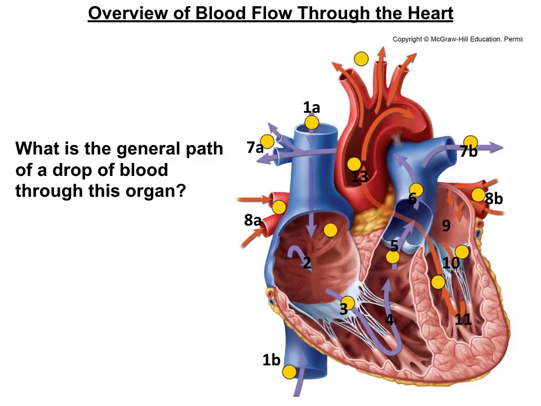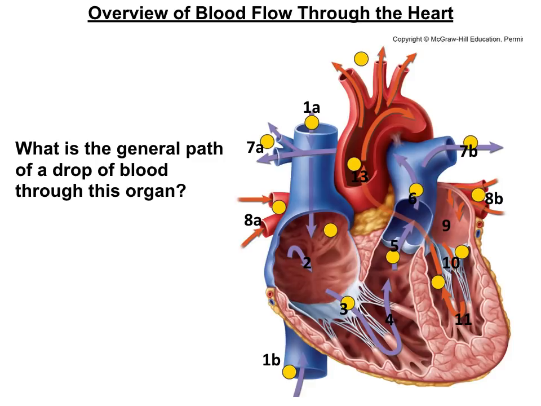If you are returning to the heart from a body region inferior to the diaphragm, you are returning to the heart through 1B, your inferior vena cava. Now, if the blood drop is coming from the myocardium of the heart, so if this is blood that has been circulating through the myocardium, supplying oxygen to the cardiac muscle tissue, that blood is going to flow through coronary veins, and it's going to collect in a structure called the coronary sinus.